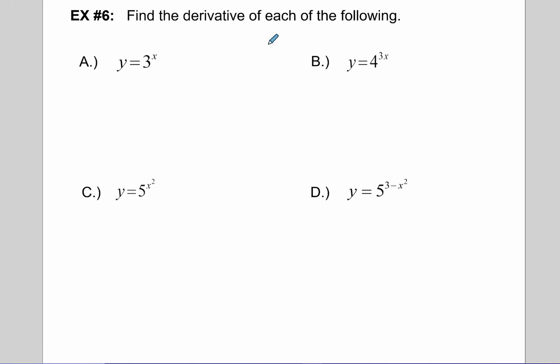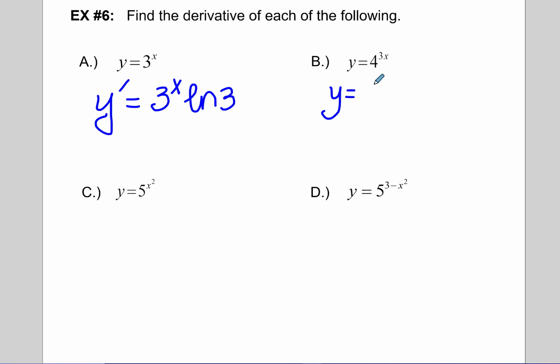In this case, to find the derivative for 3 to the x, that rule said a to the x derivative is natural log of a times a to the x, or you can say that it's a to the u, natural log of a, and then u prime, in this case x, so the derivative of x is 1. But here I've got to think past that.